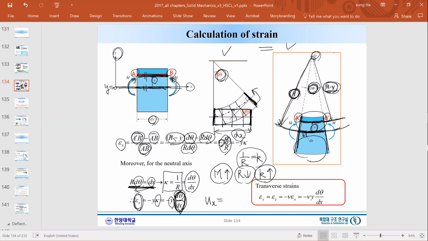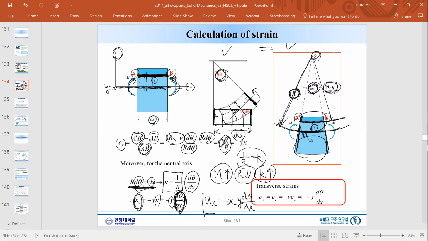Ux is here. The ux is this way, and that is moved to here. And geometrically it is a little bit complicated, but ux can be said to be proportional to x, and proportional to y, with minus y, and the rate will be d theta dx.